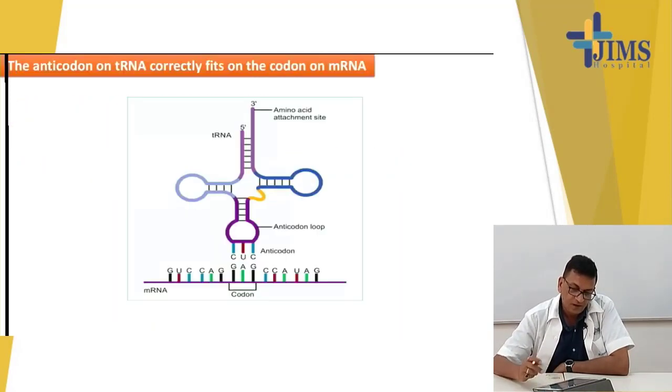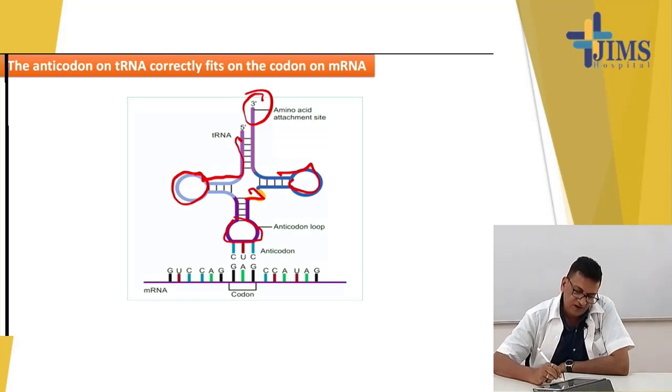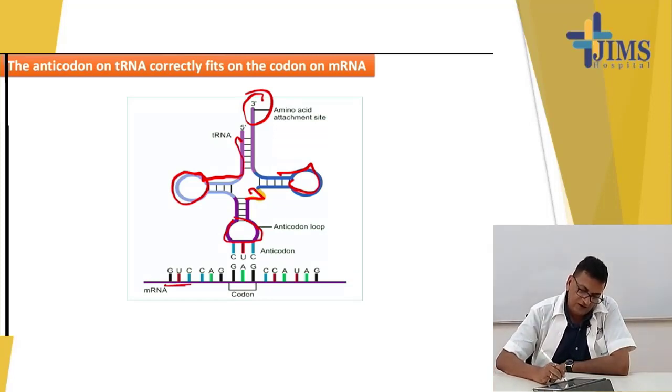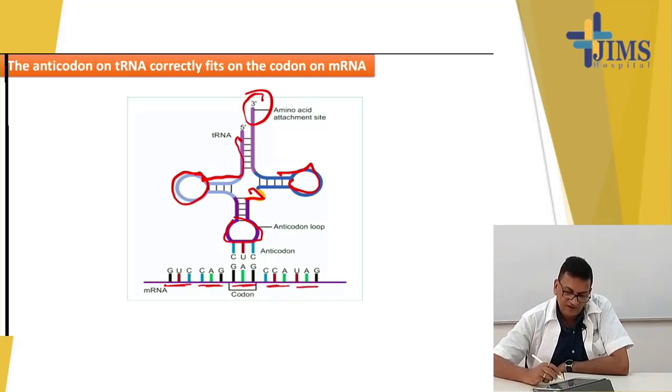As we discussed, this is the 3' end, this is the 5' end, this is the pseudouridine loop, this is the dihydrouridine loop, this is the short extra arm, and this is the anticodon loop. These triplet codons are read, and they are complementary to the anticodon, and the anticodon loop determines where exactly this codon will be read, and accordingly the attachment of different amino acids will happen.